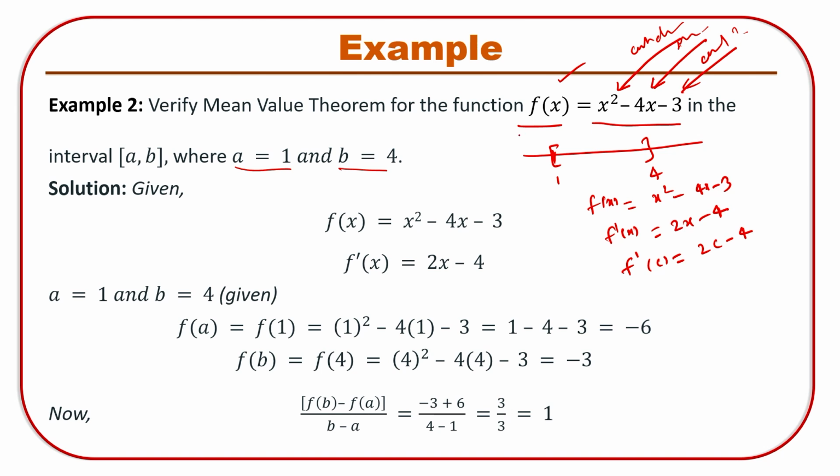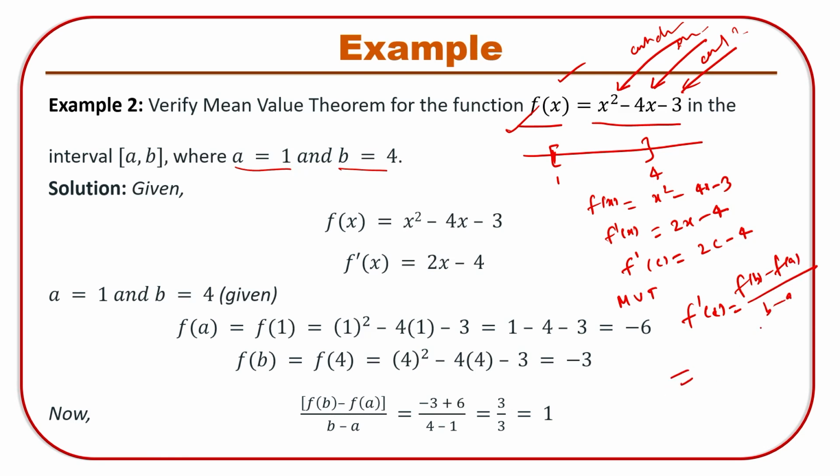So that's another reason why you can claim that this function is continuous in a closed interval 1 to 4 and differentiable in open interval 1 to 4. So f dash of c, now using the mean value theorem, can be calculated as f(b) minus f(a) divided by b minus a.